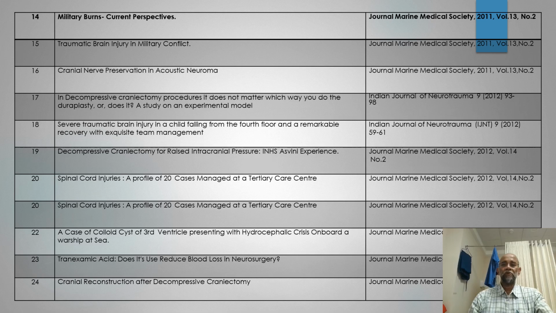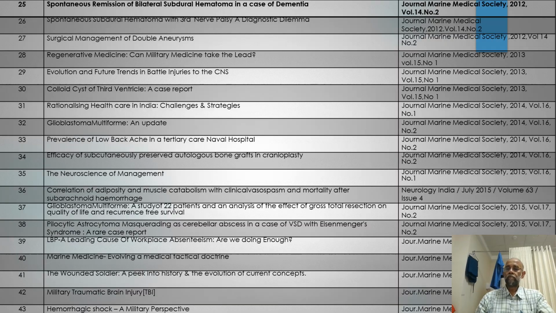There are also some papers on spinal cord injury and in the various modalities, including stem cells in spinal cord. Brain injury in combat, military traumatic brain injury, is a subject on which I have a special interest. However, that is another topic. We'll talk about it sometime when we have time.